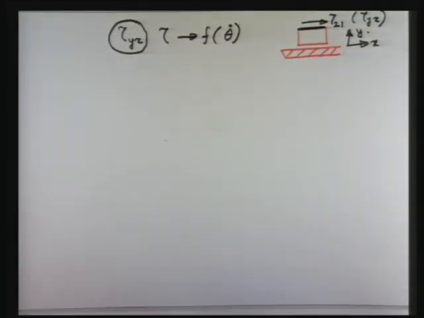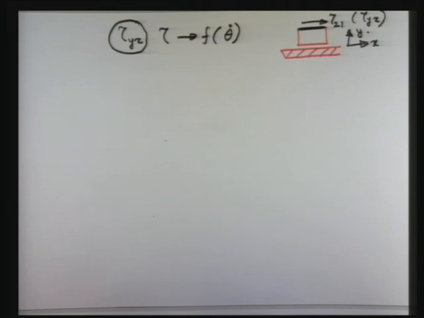We are relating a cause with an effect. This is what is called constitutive behavior. That is, we are expressing the shear stress with the rate of angular deformation. Now what is this functional dependence? The functional dependence depends on the type of fluid. For different types of fluids, the functional dependence may be linear, non-linear, whatever.